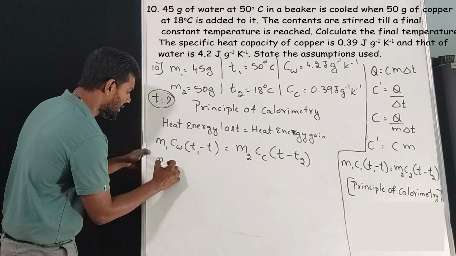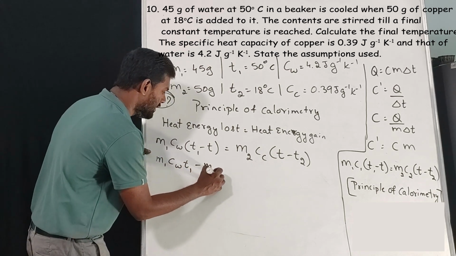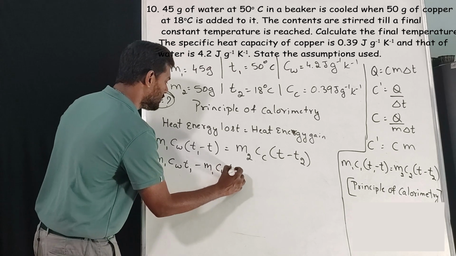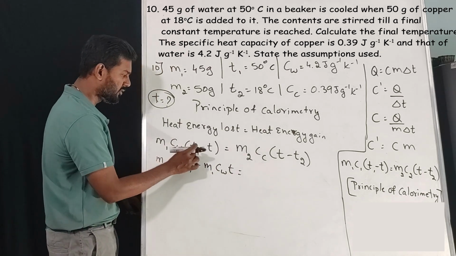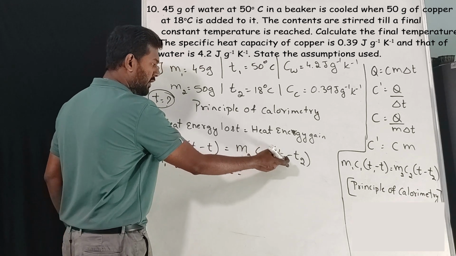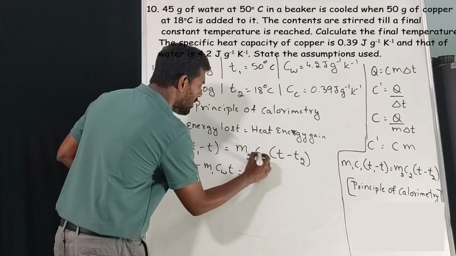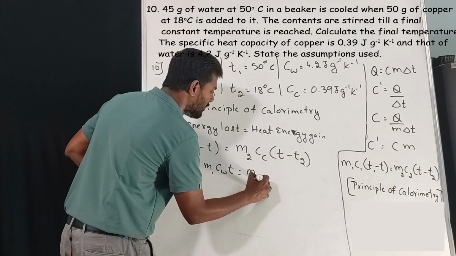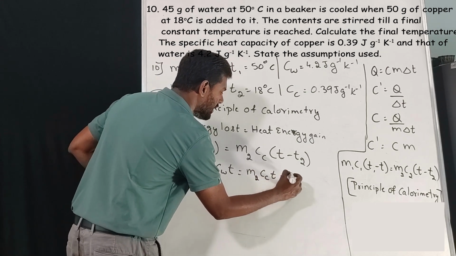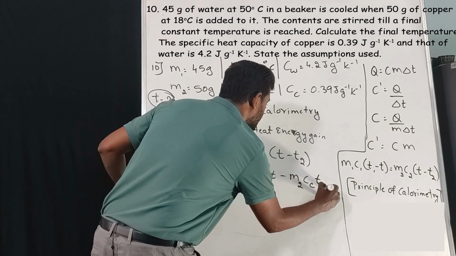So this becomes M1 CW T1 minus M1 CW T. Correct? If you multiply these two with these two, we'll get this one. Again whatever we have to find, that is inside the bracket. That's why we are not substituting the values now. So multiply these two with these two, M2 CC T minus M2 CC T2.